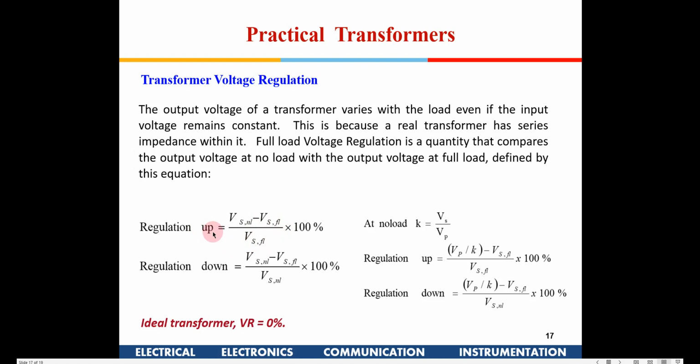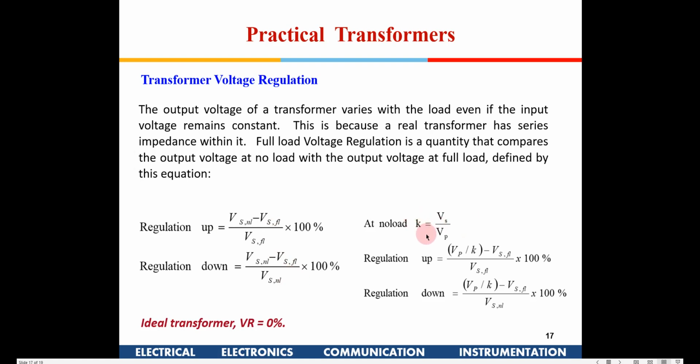So that is known as regulation up. The only difference between regulation up and regulation down is that here it is divided by the full load voltage, and there the denominator is the no load voltage. Those are the two definitions generally used in the industry, so we need to know these two.